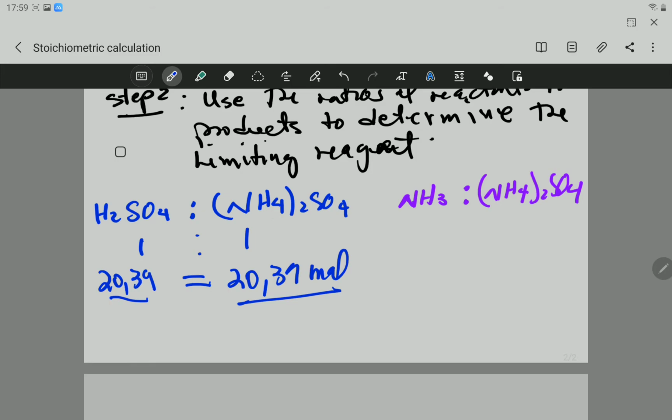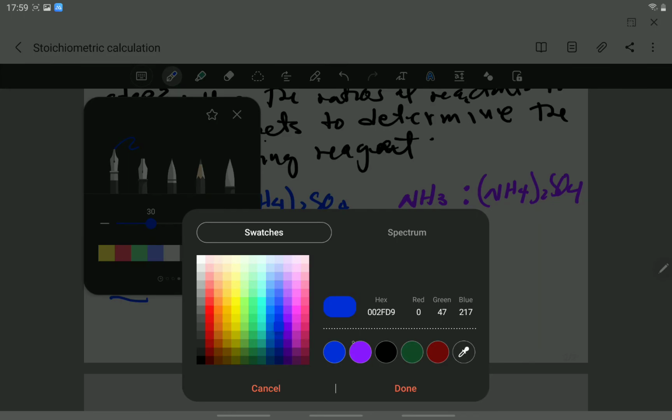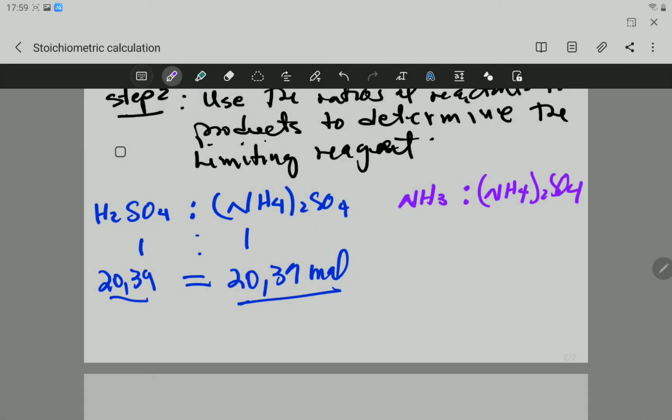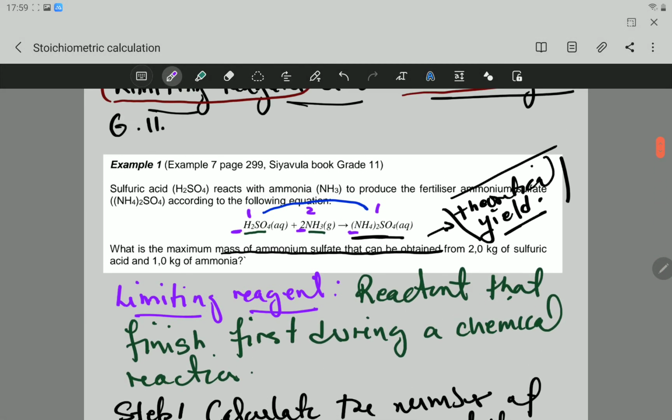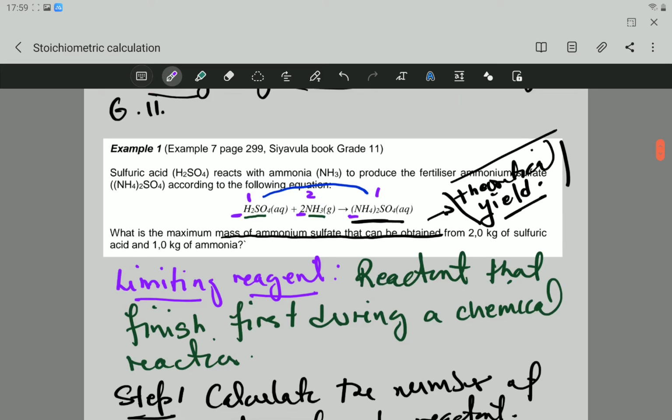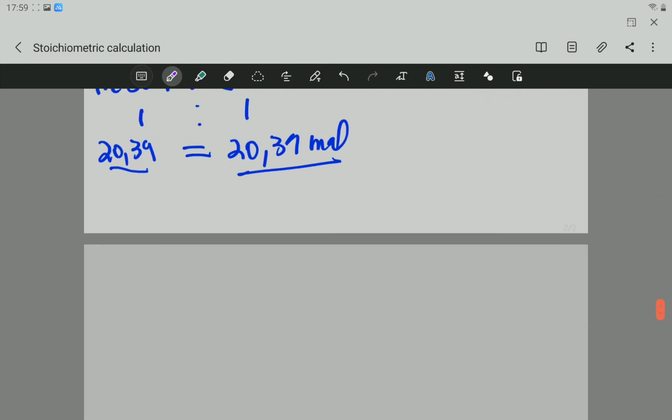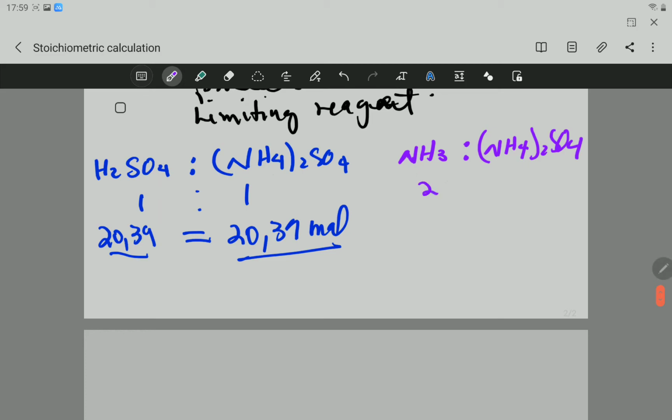Right? Now let's do the same for ammonia. Now for ammonia, the ratio is 2:1. So for every 2 quantities of ammonia you use, you will only produce half of that amount of ammonium sulfate.